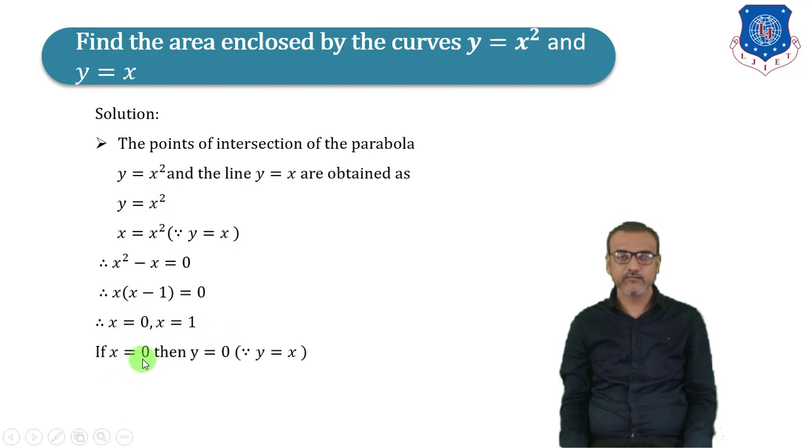Now if x equals 0, then definitely y equals 0 because we have y equals x. And if x equals 1, then definitely y equals 1 because y equals x. So the intersection points are (0, 0) and (1, 1).